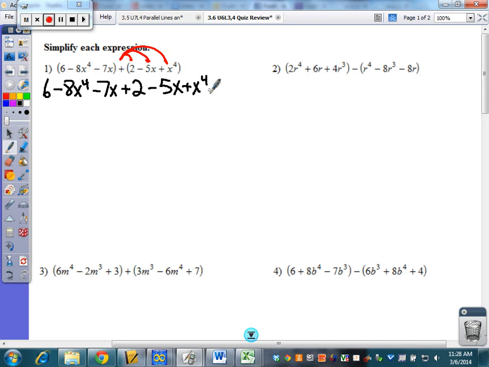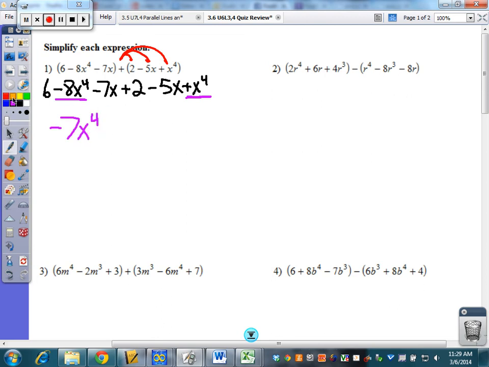Now, when we're combining like terms, we're looking for the ones that have the same variable raised to the same exponents. So here we have a negative 8x to the fourth plus x to the fourth, which gives us a negative 7x to the fourth.